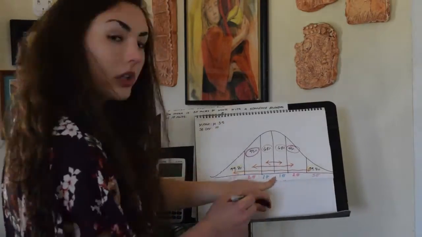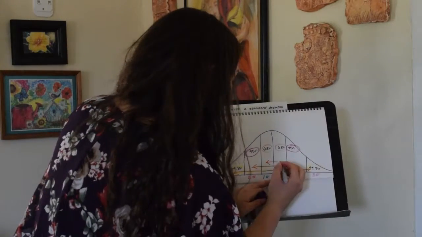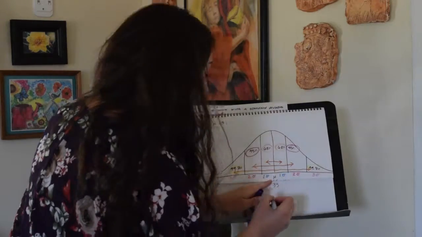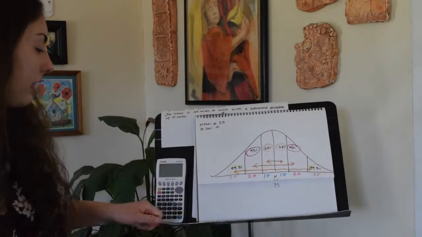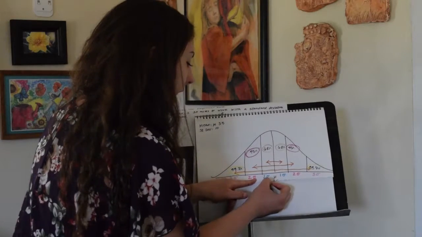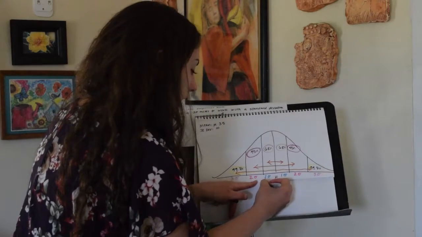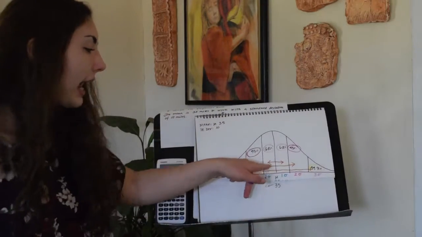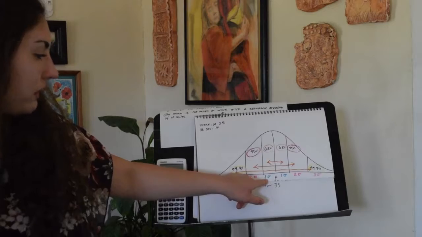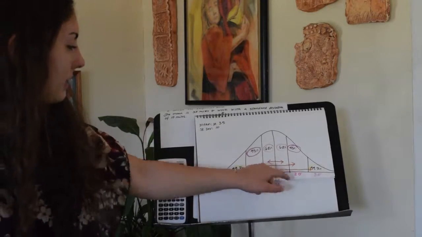So the mean would go right here by mu, and that would be the 35. So we're going to go ahead and put 35 right there. And then for one standard deviation away from the mean, we would be subtracting 10, which is the standard deviation, but we would also be adding 10, because you see the 68% for one standard deviation of the mean is on both sides of the mean.